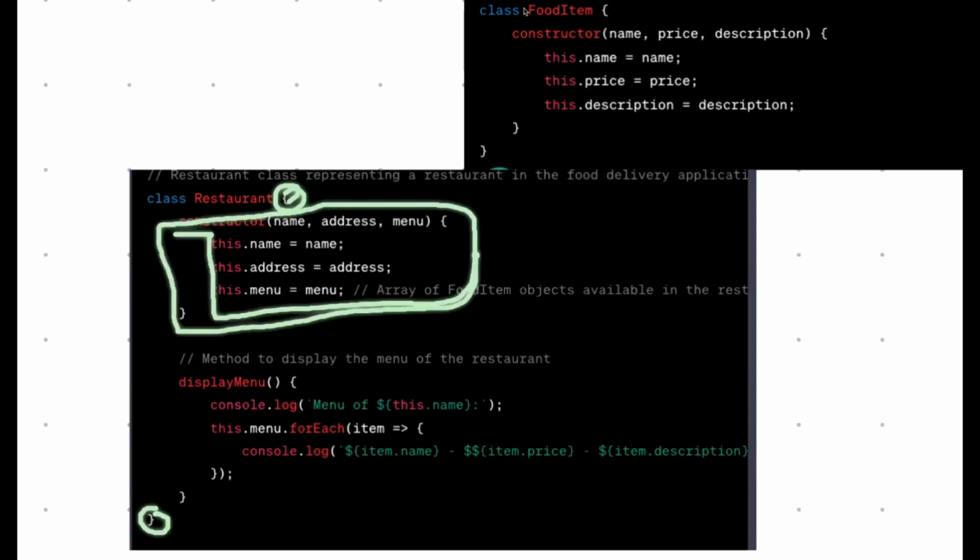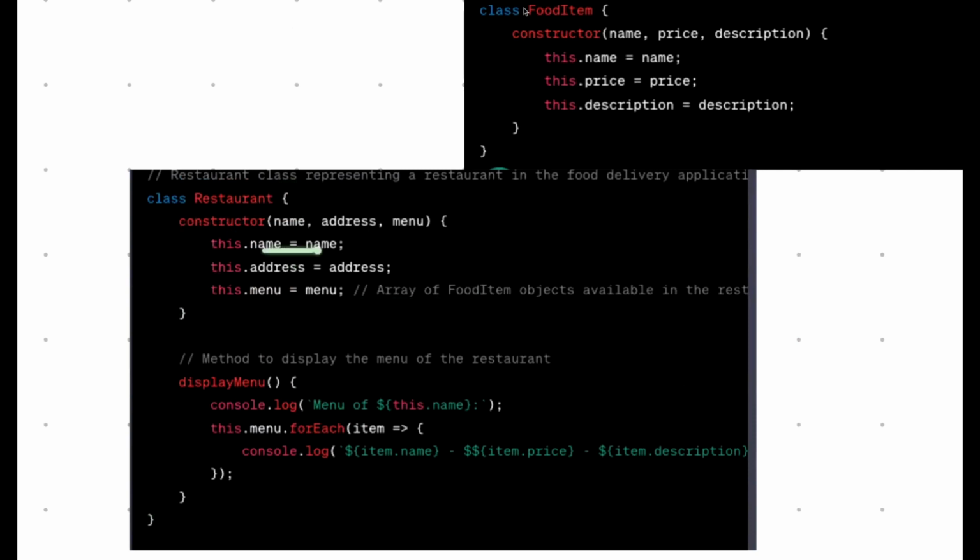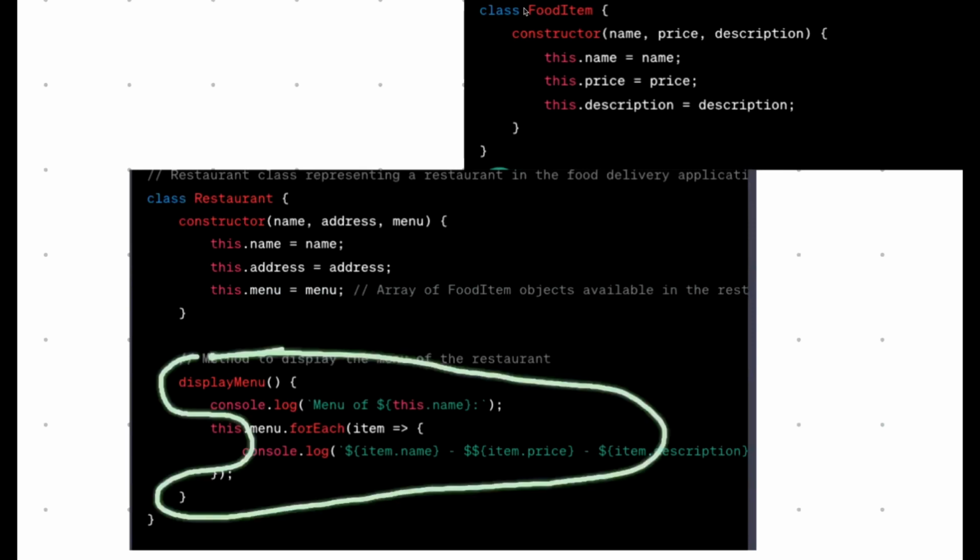Your constructor is like an index page, and you declare all the properties here. And then this is how you declare your methods. We were talking about actions, functions, methods. So this is a method or an action that you can perform on your constructor.